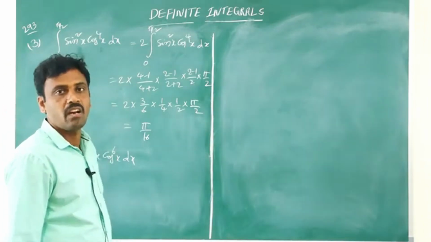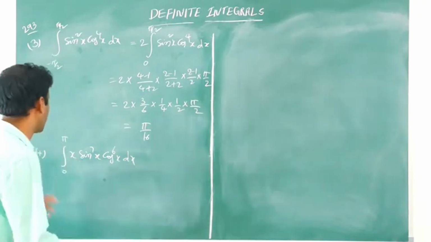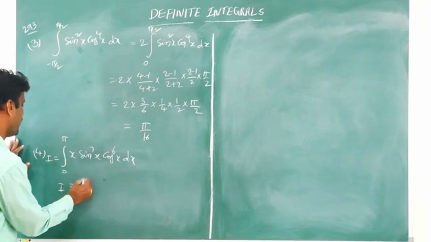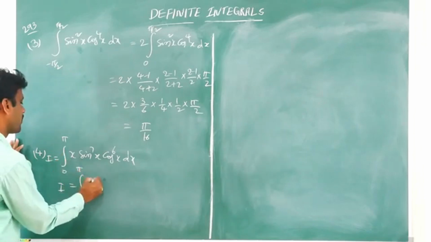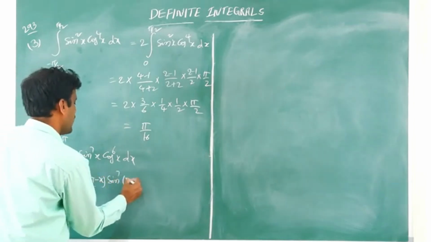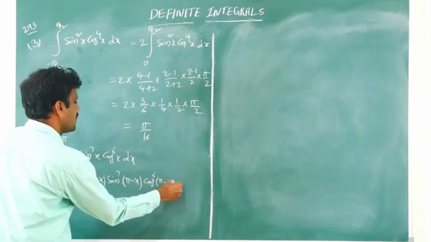Okay. Now pi minus x, integral 0 to a f of a minus x. Let I equal to integral 0 to pi of (pi minus x) sin power 7 (pi minus x) cos power 6 (pi minus x) dx.